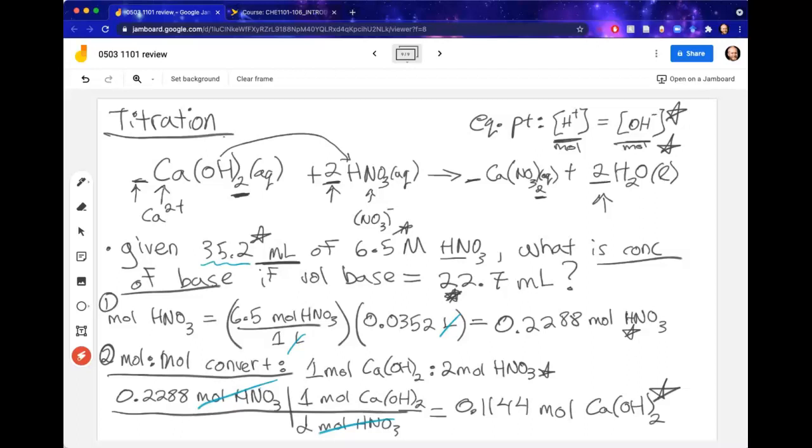So on the next slide, in order to calculate the concentration of calcium hydroxide, we're going to need to do that division between the number of moles, which is 0.1144. And I'll advance the slide in one moment. And we're dividing that by the volume in liters.